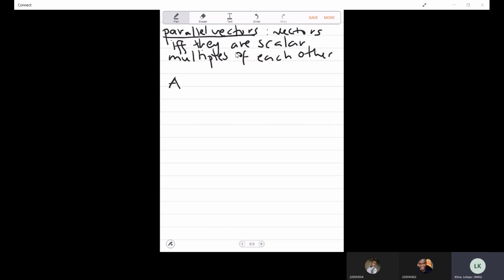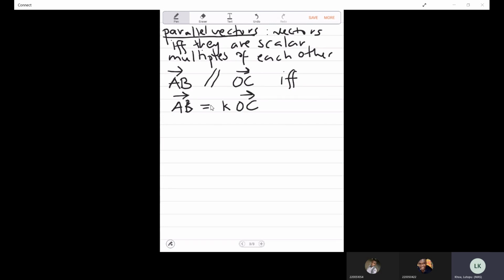So if I have a vector here, AB, it starts at A and goes to B, and then I have another vector from O to C. We say that these two are parallel if and only if AB is equal to some constant multiplied by OC.